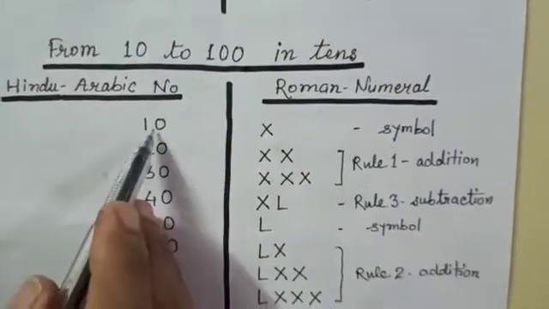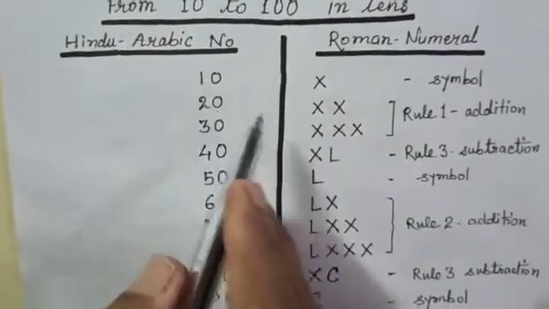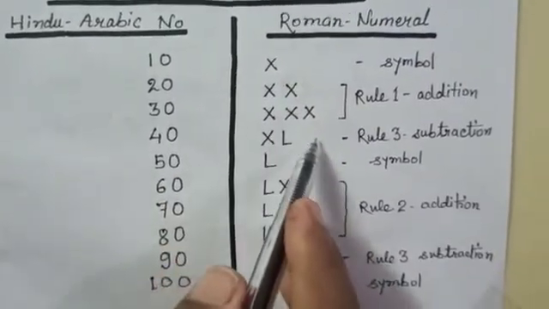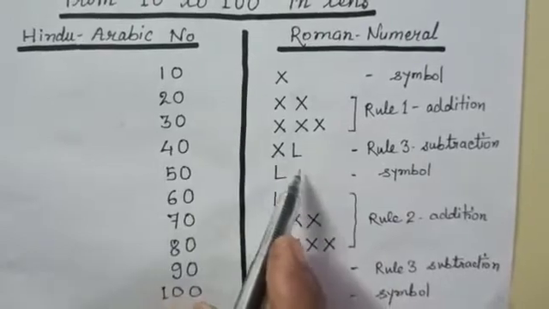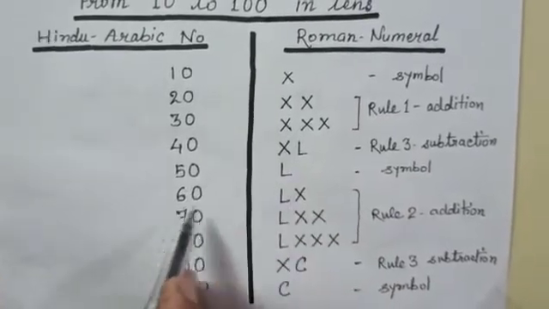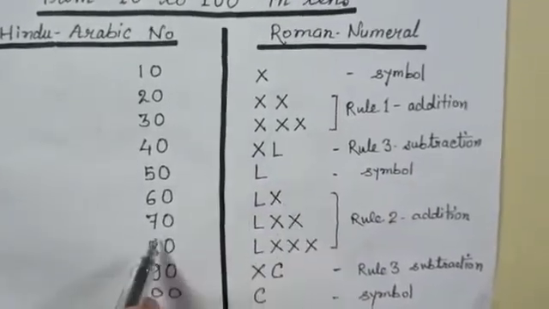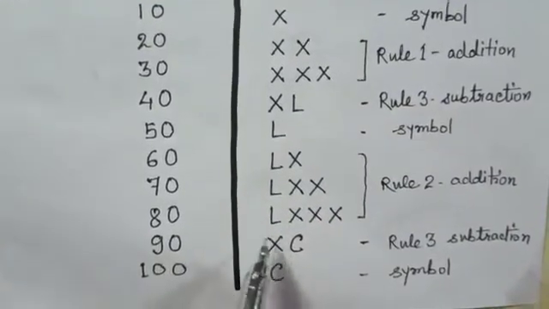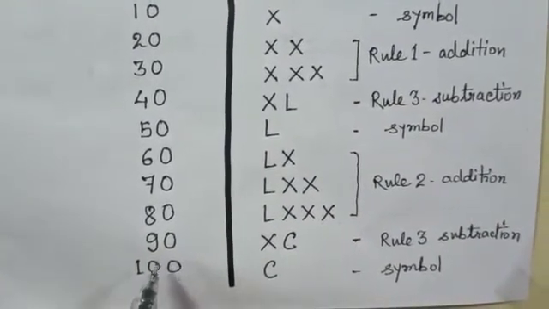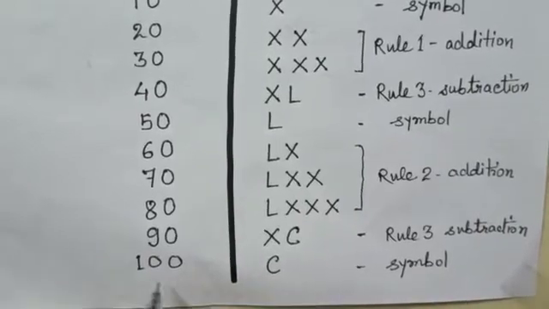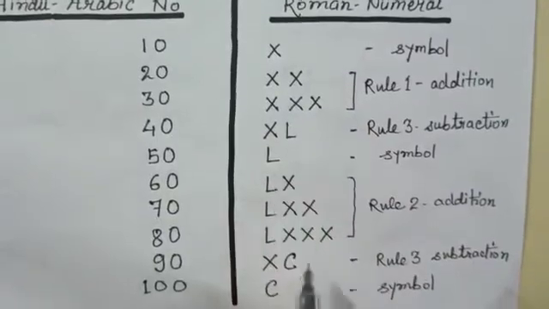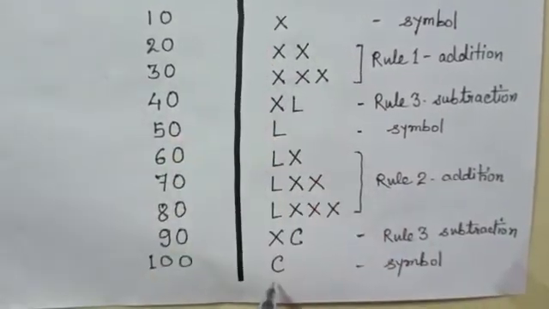Now look at here, 10 is X, 20 is XX, 30 is 3 times X, 40 is XL, 50 is L, 60 is LX, 70 is LXX, 80 is L with 3 times X, 90 is XC and 100 is C. Now look at here, this 10, 50 and 100 are direct symbols.